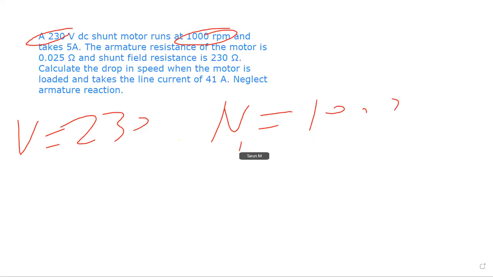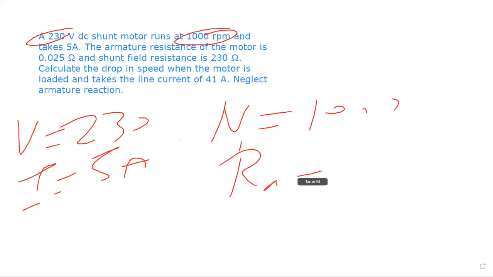The motor takes a current of 5 amps. The armature resistance of the motor is 0.025 and the shunt field resistance is 230 ohm.